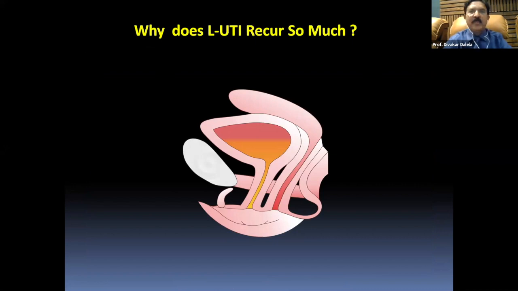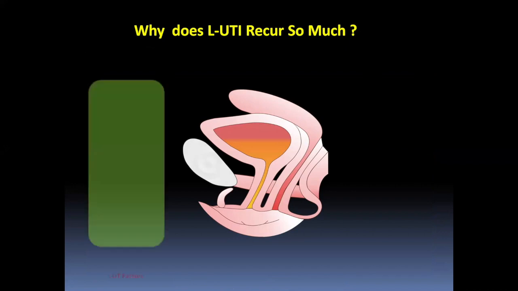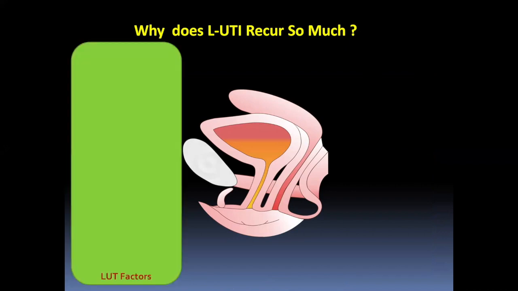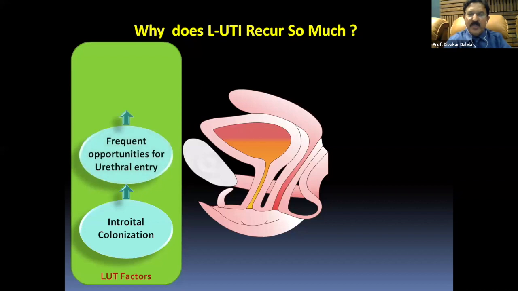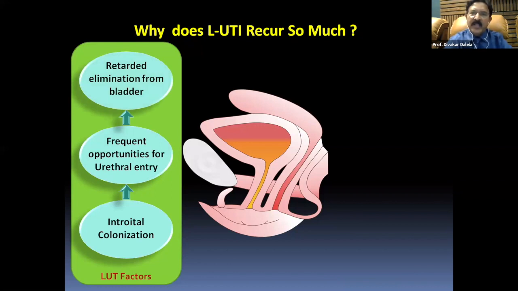But are there any more reasons? So why do women get infection again and again? There are certain reasons in the lower urinary tract because of which they get infection again and again. As I said, a greater introital colonization, and then if there's an opportunity for bacteria to go through the urethra into the bladder. Normally, if bacteria goes into the bladder and if a female voids in time and voids completely, they would not get urinary infection.